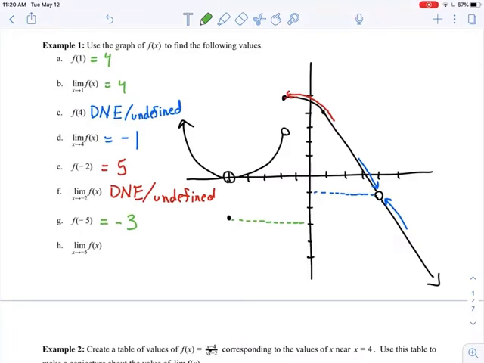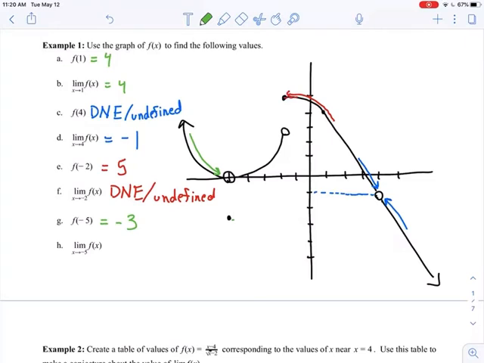Now, it's going to be a little bit tricky, but we want to compare this to the limit. So I'm going to come at -5 from both sides. If I approach -5 from the left-hand side, if I trace my function, moving closer and closer, I'm getting closer and closer to that hole. I don't care whether the function exists there or not. All I care about is what the y value is at that point.